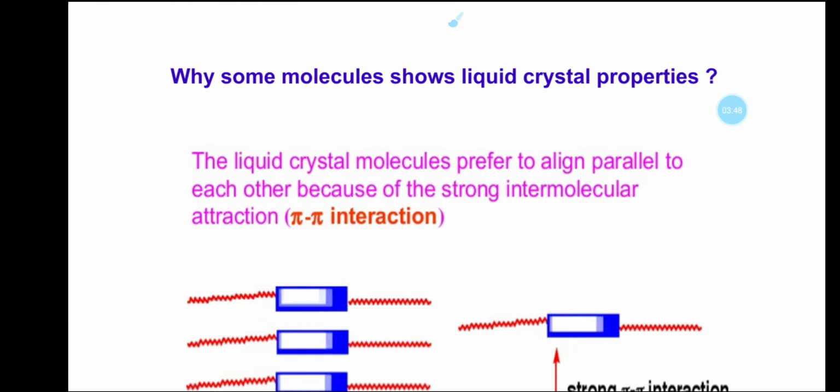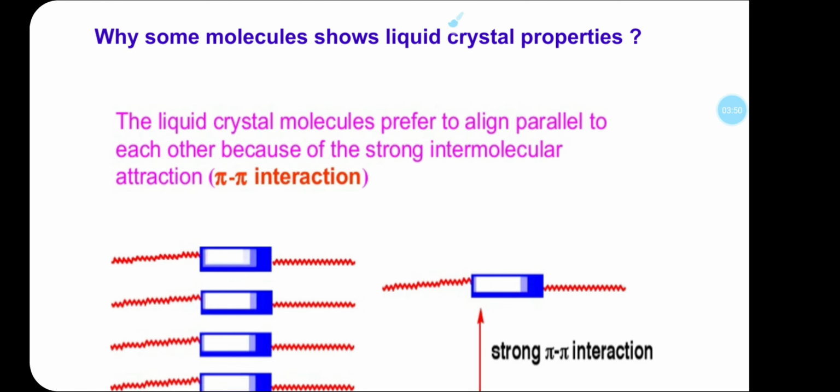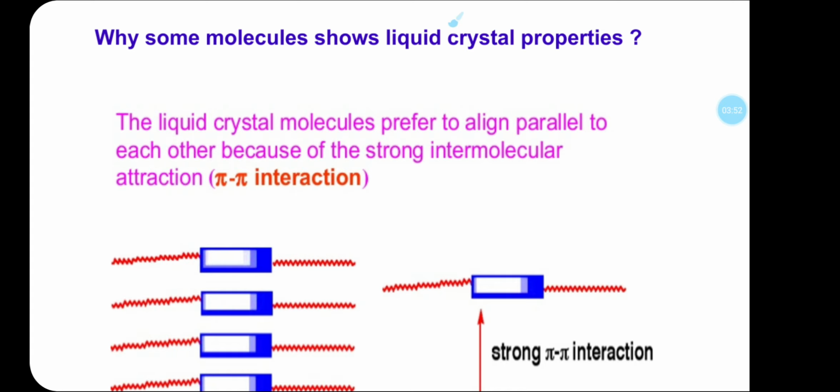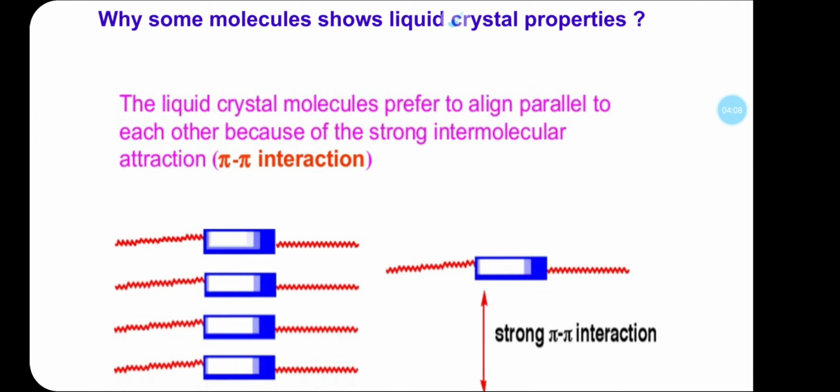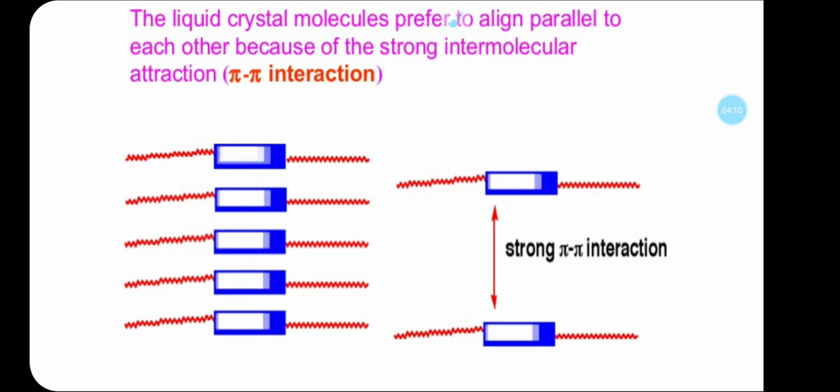So why do some molecules show liquid crystal properties or anisotropic properties? Because the liquid crystal molecules prefer to align parallel to each other because of a strong intermolecular attraction. We can say pi-pi interaction or strong cohesive force of attraction. Generally, this type of attraction is observed in very big molecules or rod-like molecules.